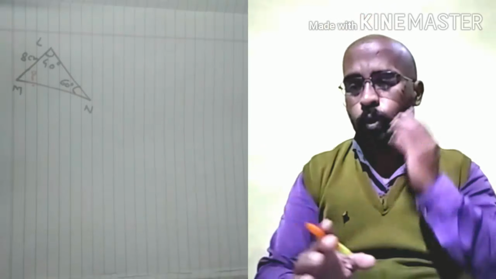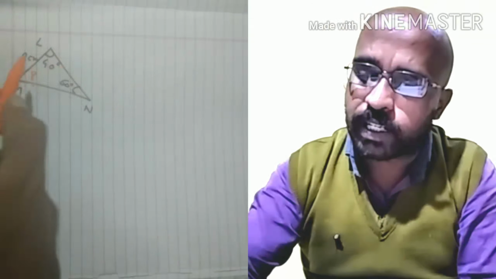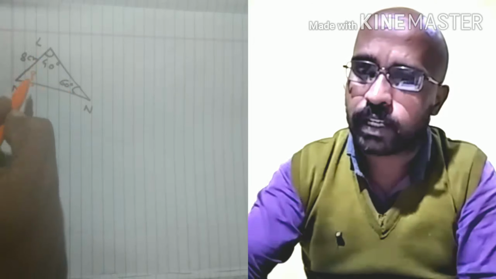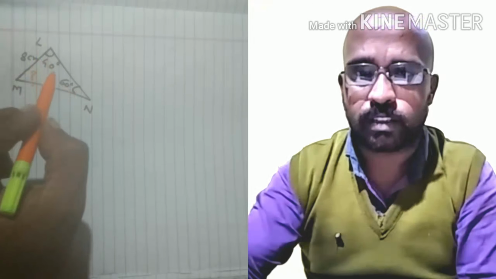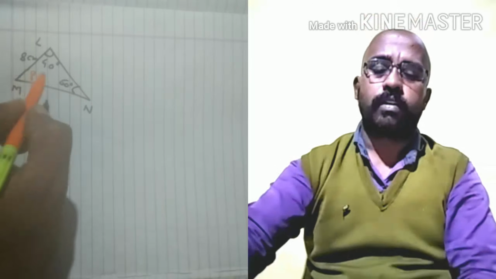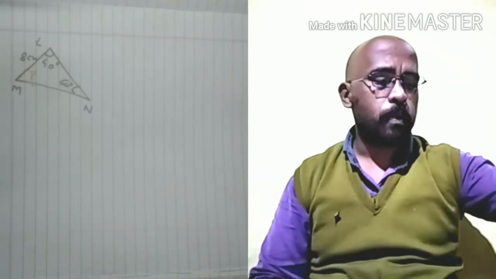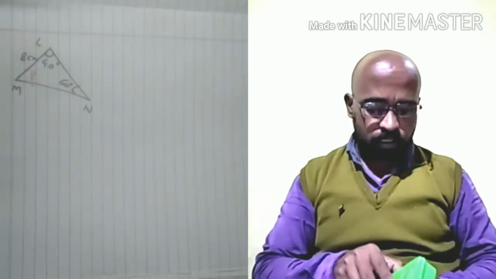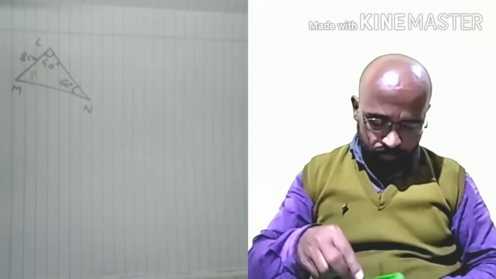Okay students, is it easy to find out the length of this side if only one side is given, or is it easy to find out this third angle if two angles are given? Naturally you will answer it's easy to find out the third angle. We have done such practice many times last year, right students? So let's remember what we learned in our last standard and follow that practice.